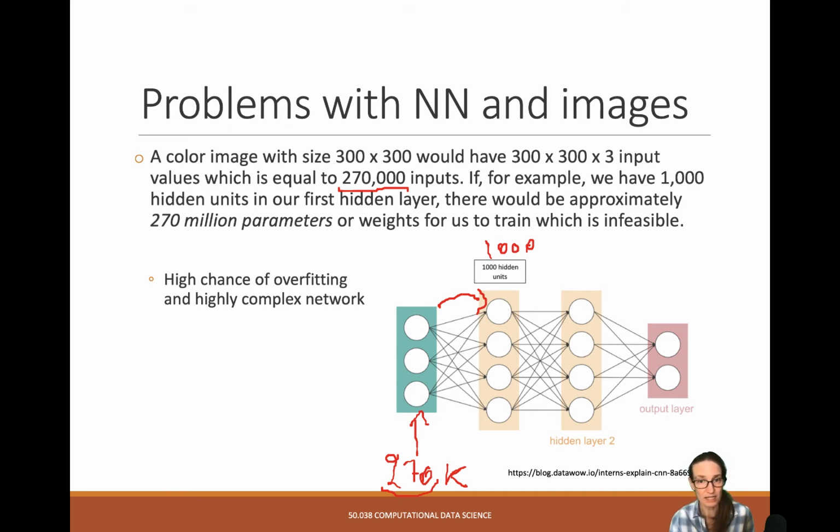We need about 270 million parameters or weights to train in order to train the neural network with only this first layer, okay? Think about that, 270 million parameters to train a one layer neural network with a tiny input image size. This becomes a high chance of overfitting because your network simply is too complex.